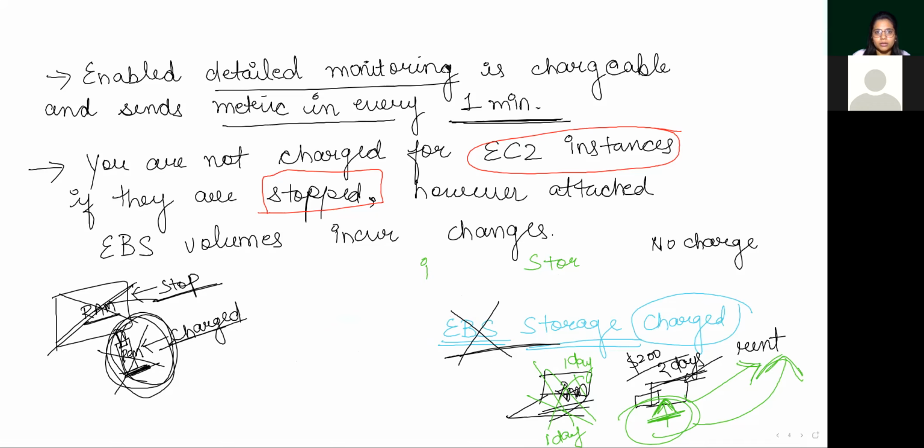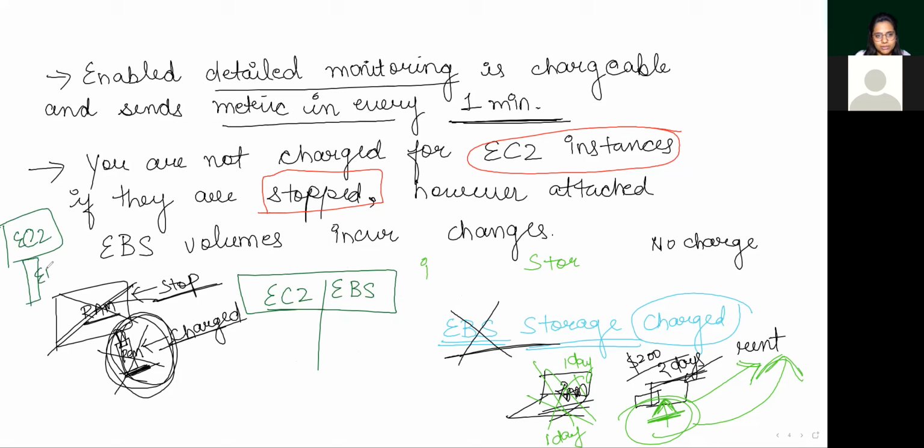See, this is your EC2, and with that you have attached your EBS. Two different bills. Now, this is your EC2 instance, it is running, and you have attached an EBS to it. Say it takes $2 to run the EC2 and $1 to run the EBS. So when your EC2 instance is running, they are charging for both.